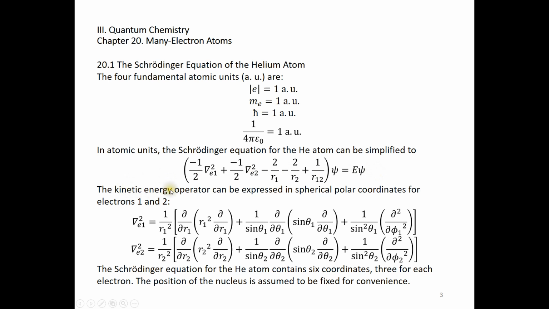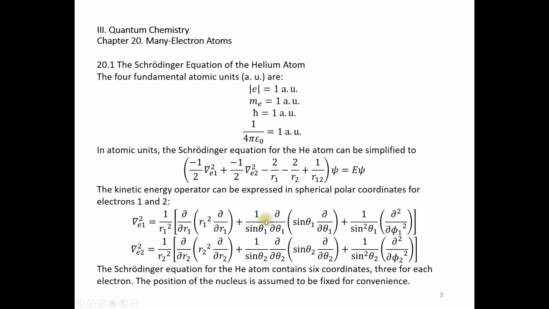The kinetic energy operator can also be expressed in spherical polar coordinates, because the Laplacian can be written in this form: 1 over r squared outside the square bracket. Inside there are three terms. The first term, delta over delta r times r squared delta over delta r.